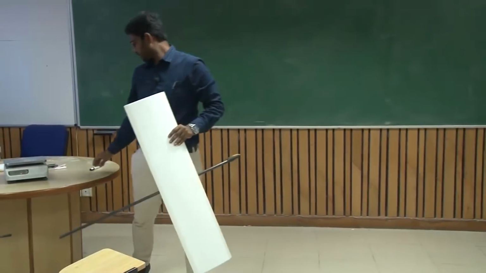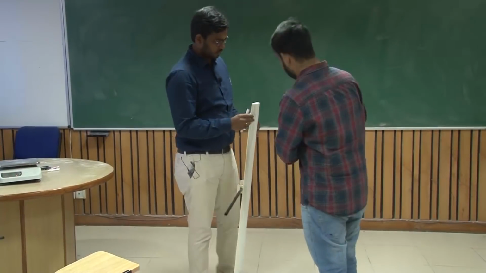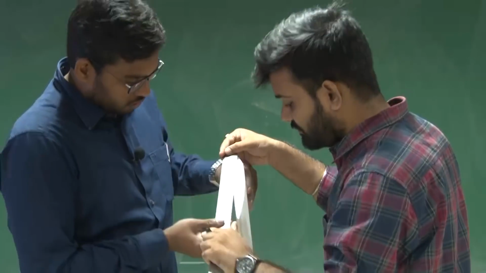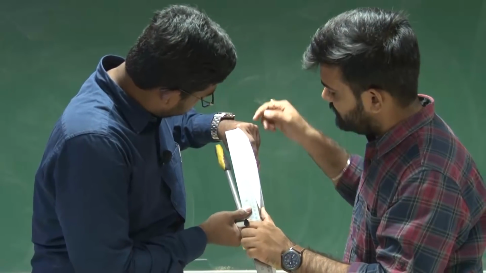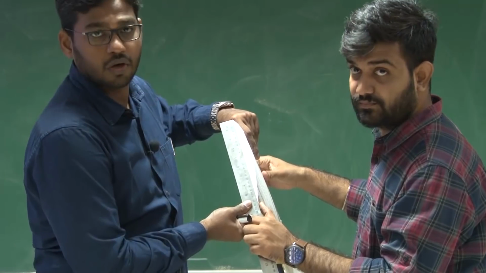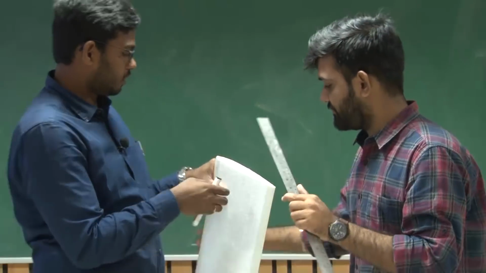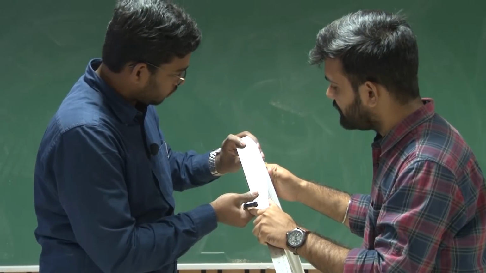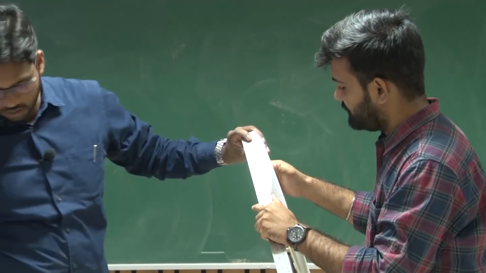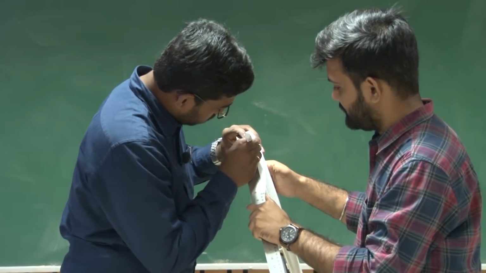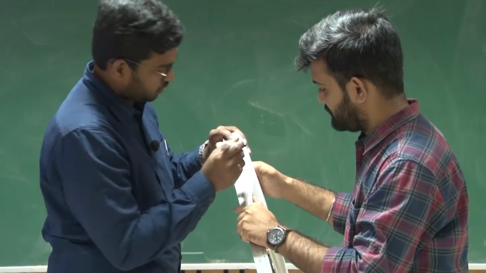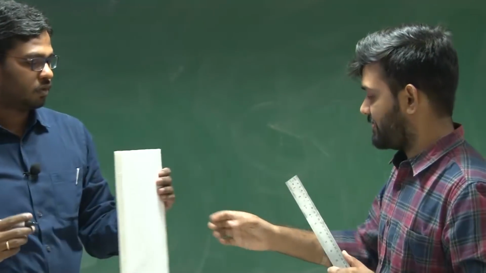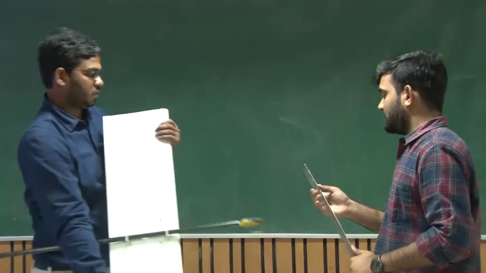Let me mark down the aerodynamic center of this. It is again a 23 centimeter chord, rectangular wing, so the mean aerodynamic chord is again 23 centimeters. So 23 by 4 will be my aerodynamic center, which is approximately 5.75. This is my aerodynamic center. How about this side?